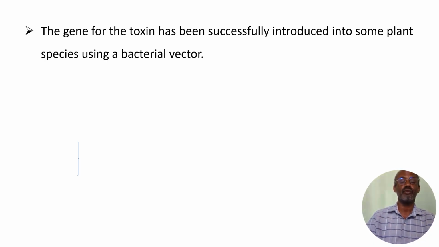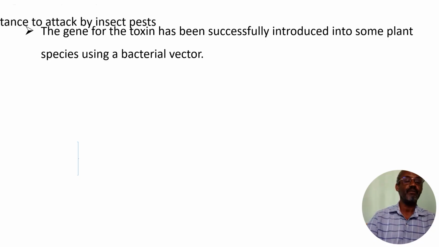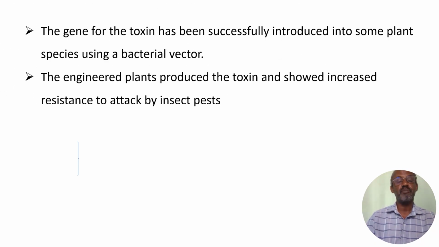The gene for the toxin, that is Bacillus thuringiensis toxin, known as cry protein, has been successfully introduced into some plant species using a bacterial vector. And the engineered plants produce the toxin and showed increased resistance to attack by insect pests.